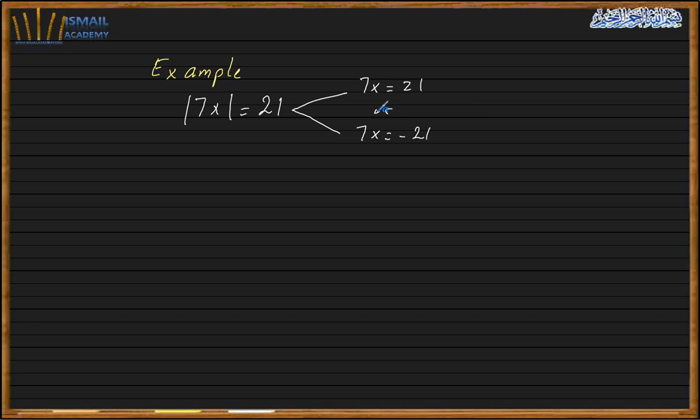Either the inside is positive or the inside is negative. So I solve as a regular equation, dividing both sides by 7. At the end I will have x equal 3 or x equal minus 3.